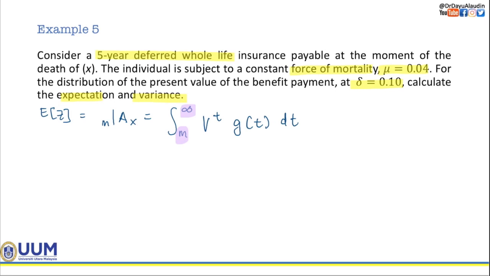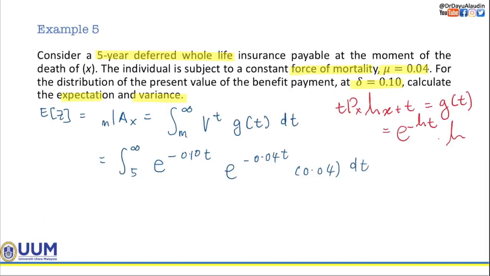So we have two components to calculate the expected value. Vt is the discount function, and gt is the PDF, tpx times mu x plus t. In this case, the force of mortality is constant, so we use constant force for tpx mu x plus t, which is e to the negative mu t times mu.